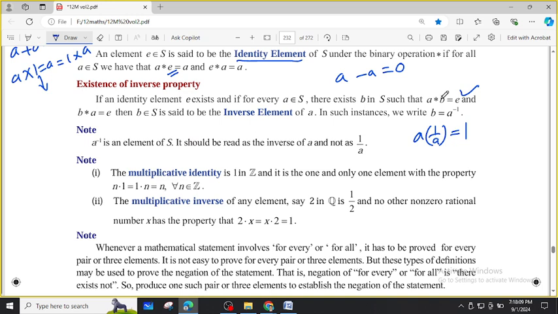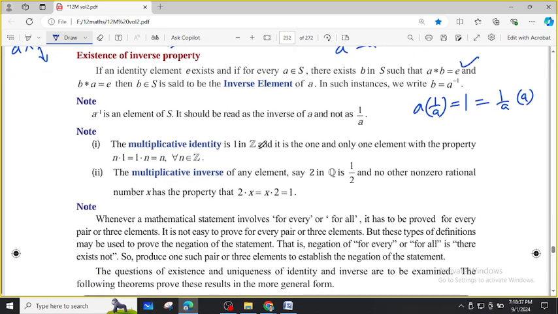If you operate with the inverse, a minus a equal to 0, or minus a plus a equal to 0. Here 1 by a into a equal to 1. This is the multiplicative inverse, this is the additive inverse. So in general, a star b equal to e, or b star a equal to e, then b is nothing but the inverse of a.